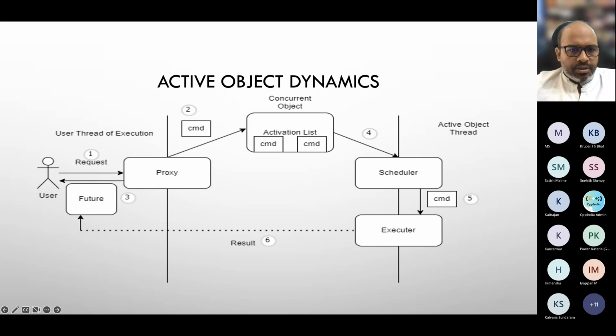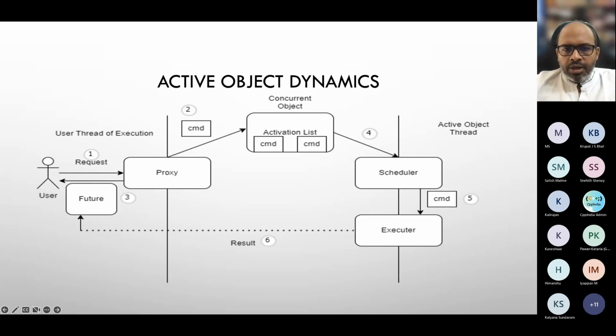What the proxy does is first create a command for this request and add it into the activation list, and the proxy returns the future to the user. At this point, the future does not hold a result.